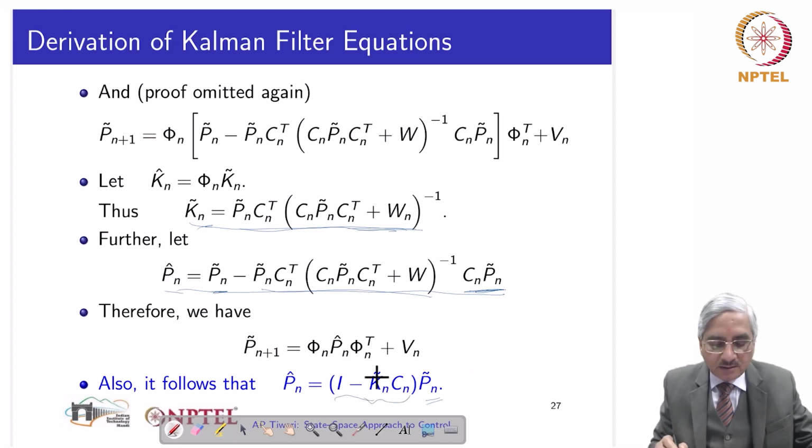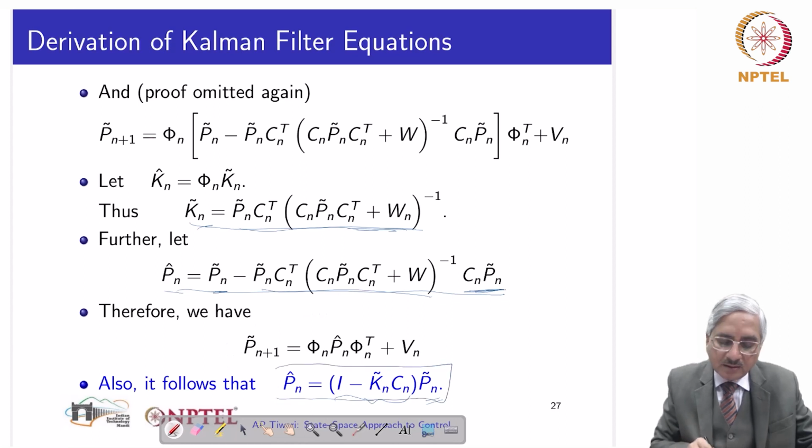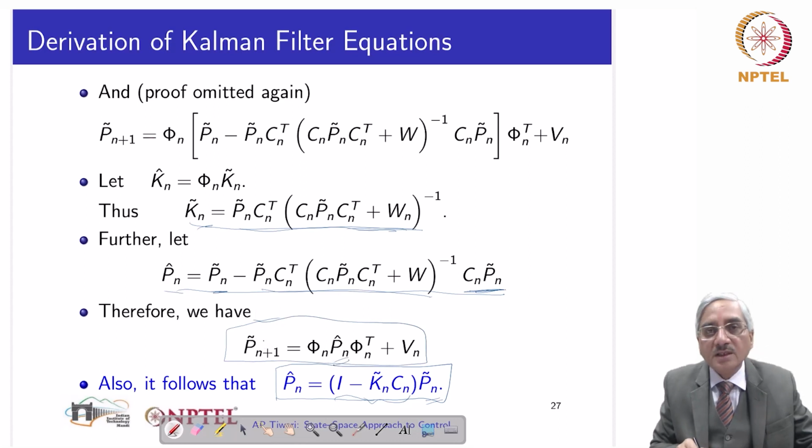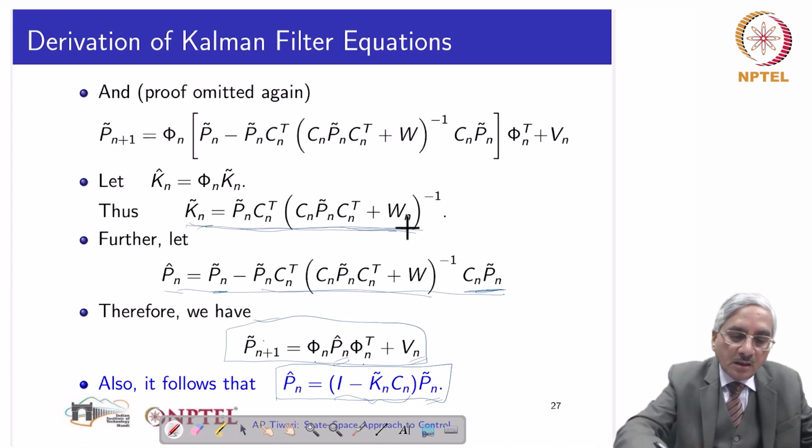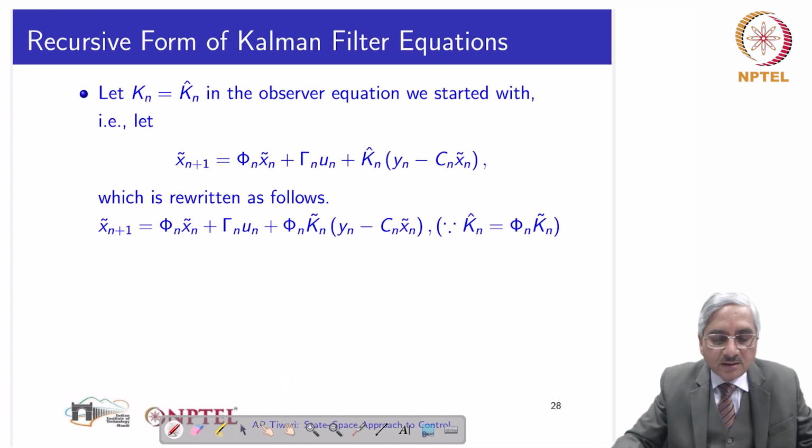So we get one expression for Pn hat, one expression for Pn plus 1 tilde in terms of Pn hat, and of course phi n, and this noise statistics covariance matrix Vn. We have Kn tilde.